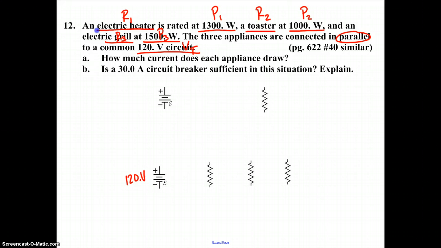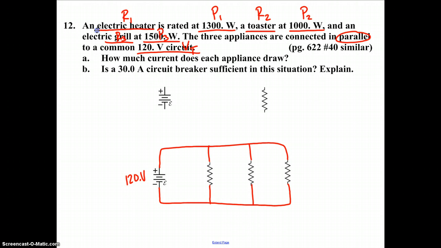We'll draw appropriate connecting wires. Then label each one R1, R2, and R3.